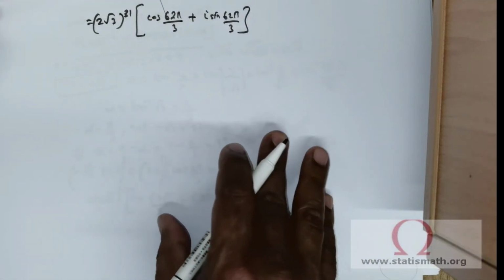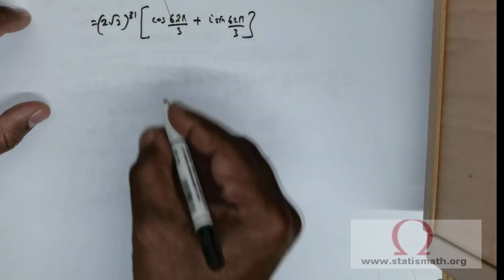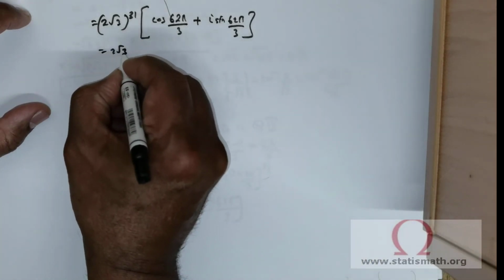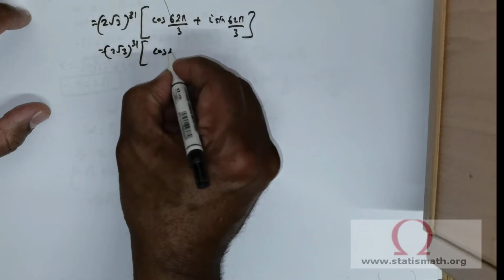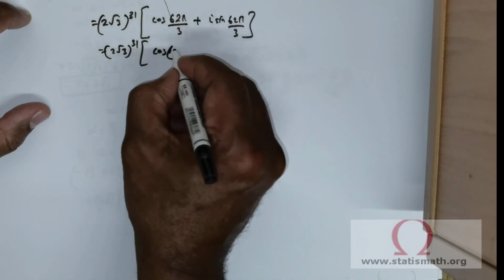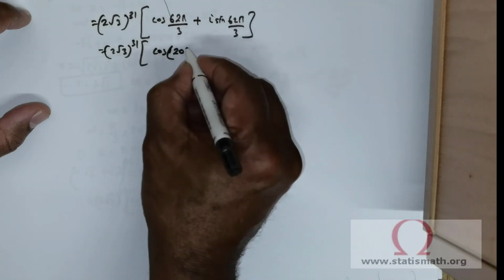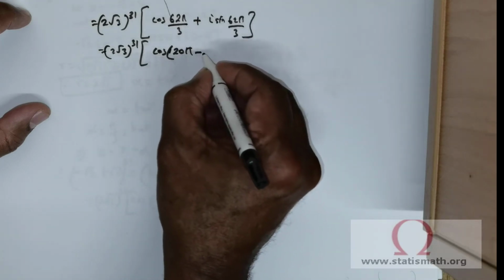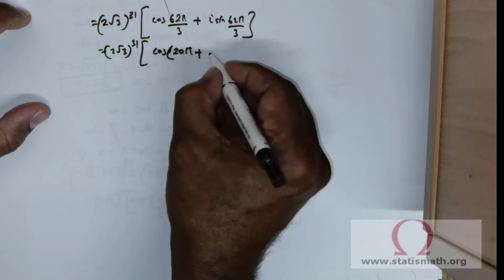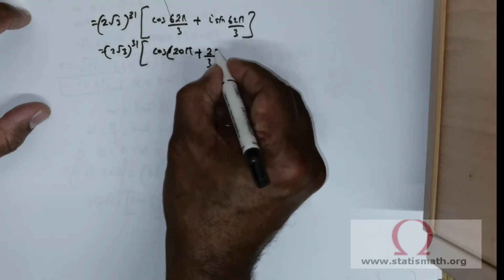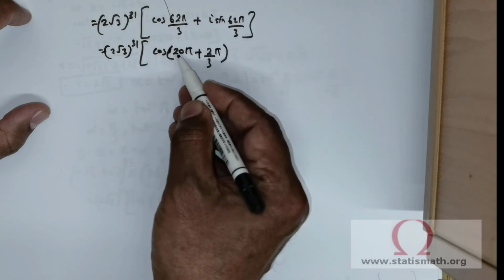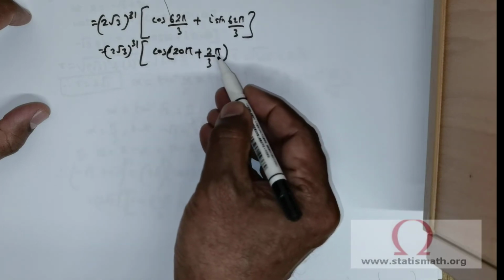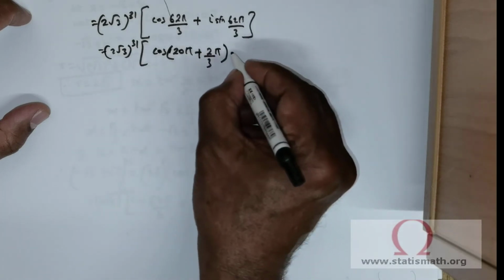Now I'm going to rewrite this as 2 times root 3 raised to the power 31 times cos of 20 pi plus 2 pi over 3, plus i times sine of 20 pi plus 2 pi over 3. Three times 20 pi gives 60 pi, added with 2 pi gives 62 pi.